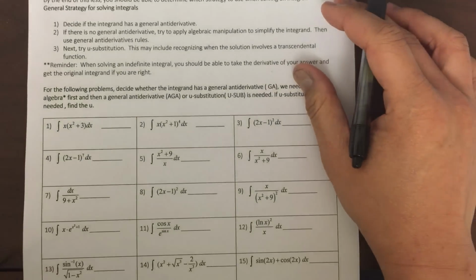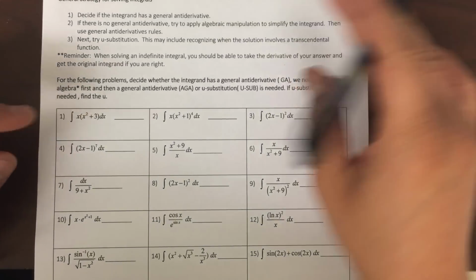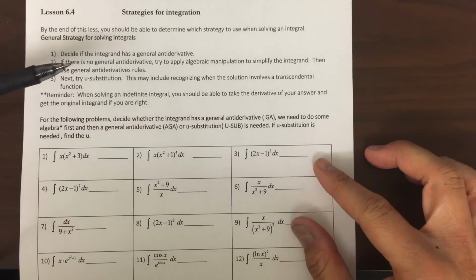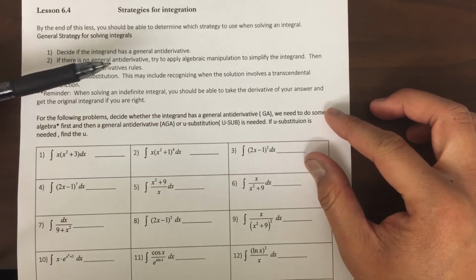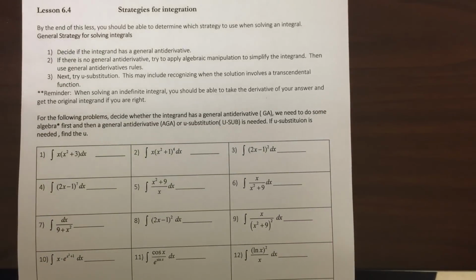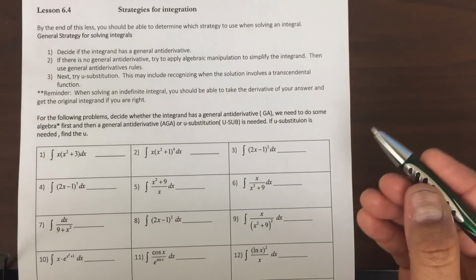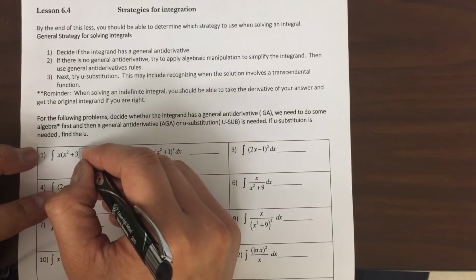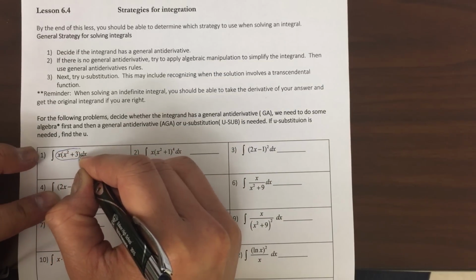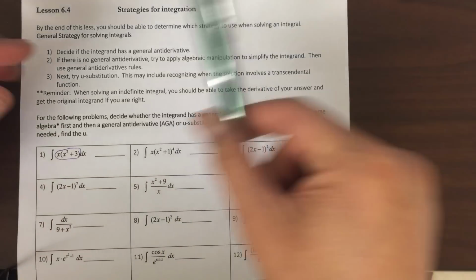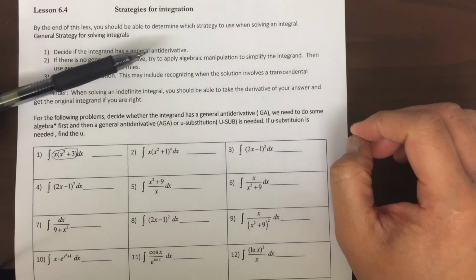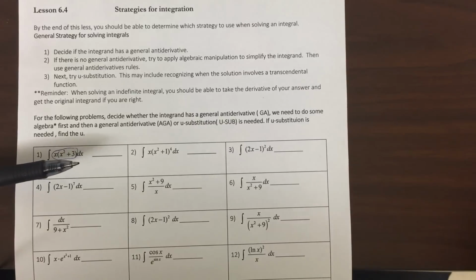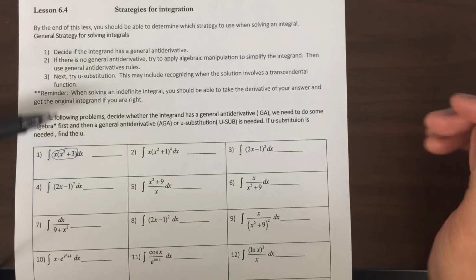So when you're given a problem, the first thing you want to do is decide if the integrand has a general antiderivative. You might wonder, what is an integrand? An integrand is the function that you're trying to find the antiderivative for. So this whole thing right here is what we call an integrand. Now, if it has a general antiderivative, then you find that general antiderivative and you add a c and you're done.